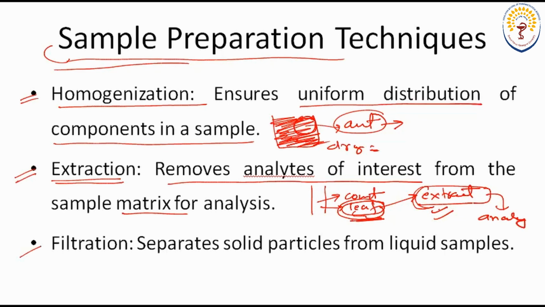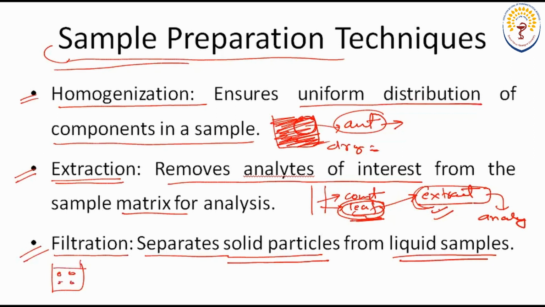Next sample preparation is filtration. Dear students, you have already seen filtration. Filtration is nothing but separating solid particles from liquid samples. Let us say some amount of solid is mixed with a liquid. It is a heterogeneous kind of mixture, and you use a funnel to separate the solid from the liquid.